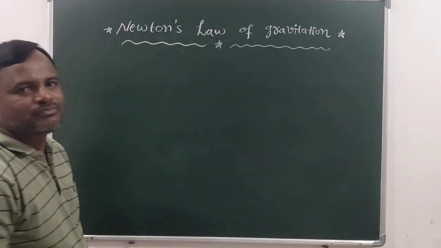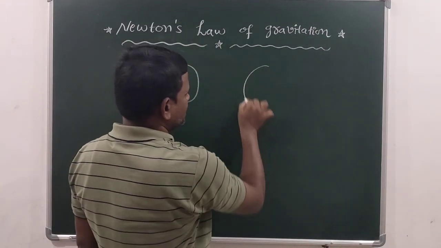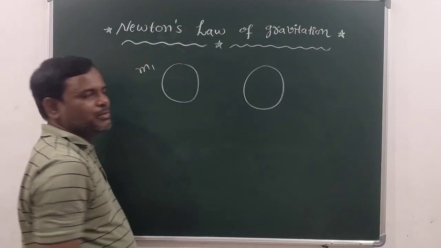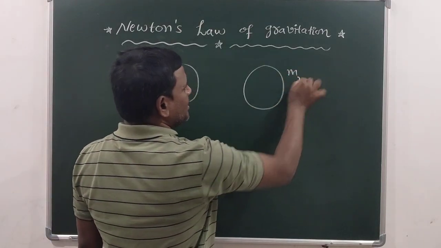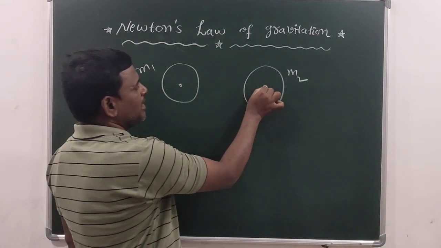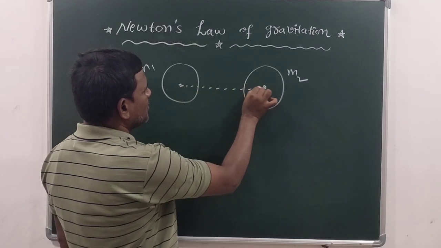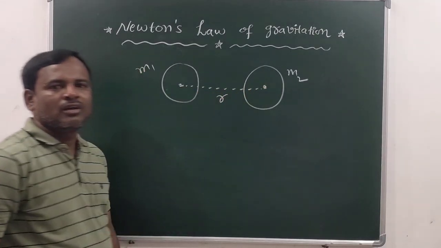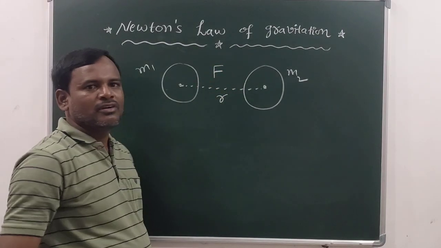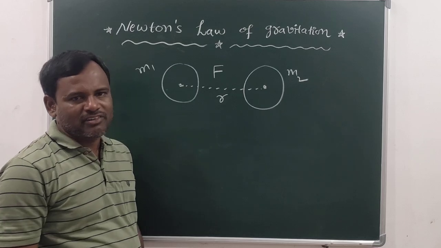For example, consider any two objects in the universe. Let us say whose masses are m1, m2, and which are separated by a distance r. Now between them there is a force F, which can be called a central force, or you can call it gravitational force.